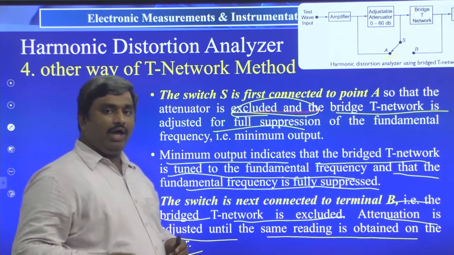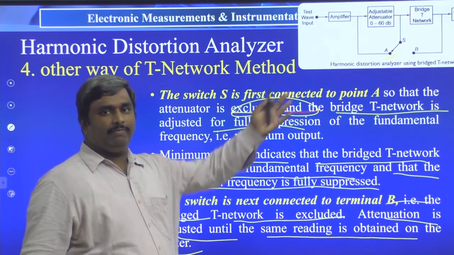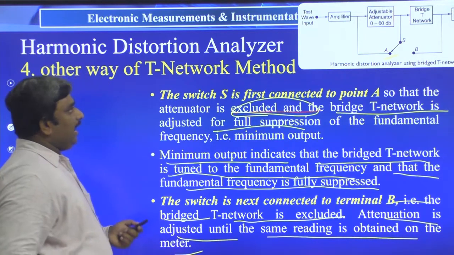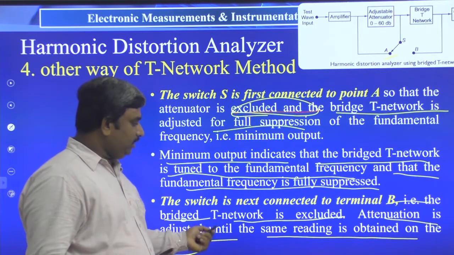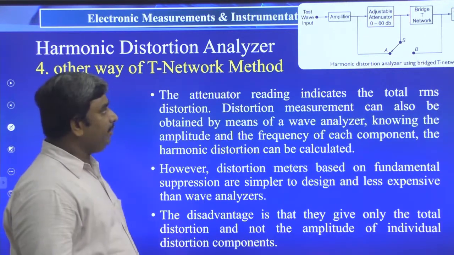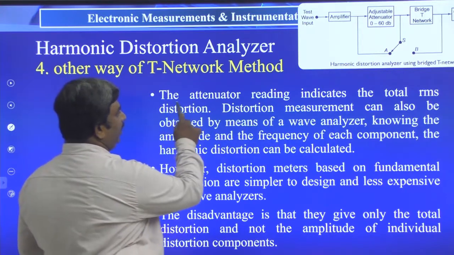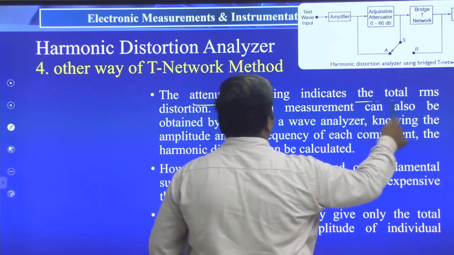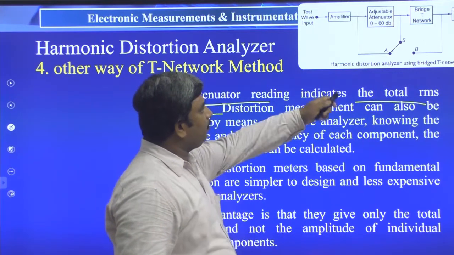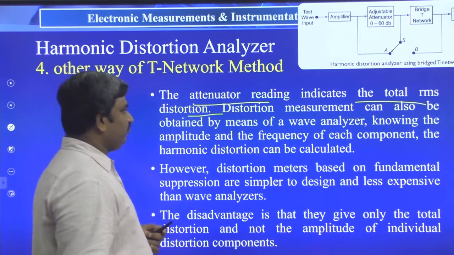So whatever the output of the attenuator is, the same output will be available at the output meter. The attenuator reading indicates the total RMS distortion.